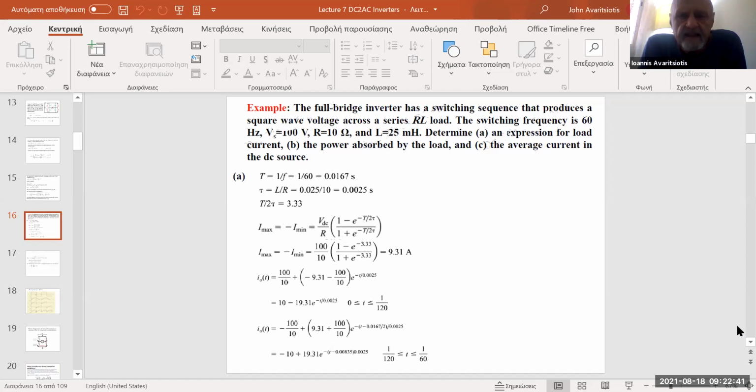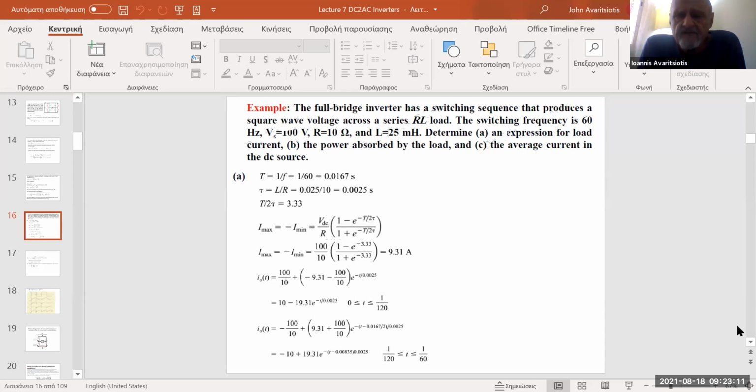And let's assume that the switching frequency is 60 Hertz. The DC voltage across the DC power source at the input of the inverter is 100 volts DC. The resistive part of the RL load is 10 ohms, whereas the inductive part of the RL load is 25 millihenries.